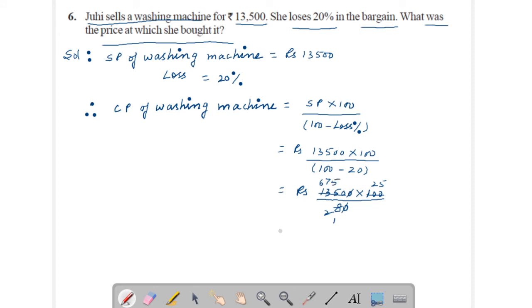Now multiply this. 675 into 25, it is 16,875.